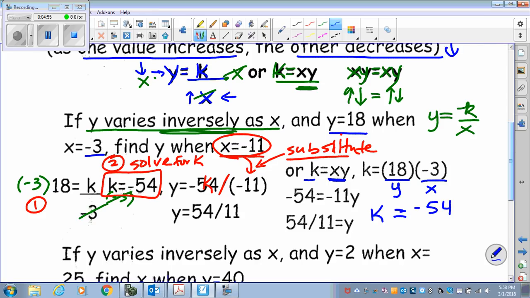And then substituting back into the original, once I have my constant, then I can go back to the original and say, okay, negative 54 equals negative 11 times some y. And then I would divide both sides by negative 11, and I would get this for my final answer, because a negative divided by a negative is positive.